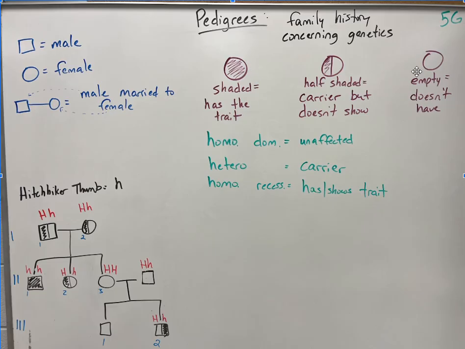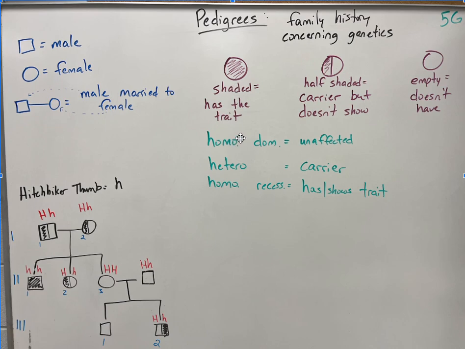Empty is them not having the trait at all, or even the gene, and half shaded means that they are a carrier, but they don't show that they have the gene. And in this case, if you see these half shaded ones, it's assuming that they are recessive. So if you see a half shaded one, that means that the allele is a recessive gene.